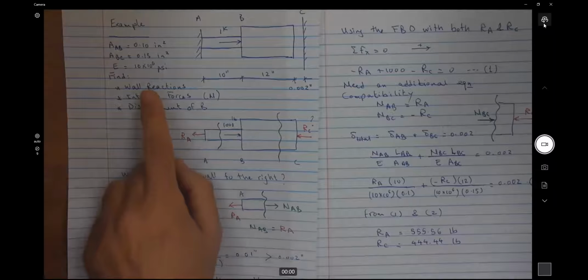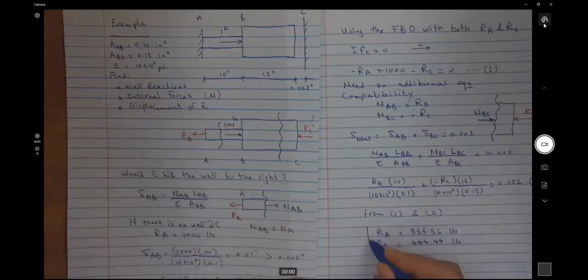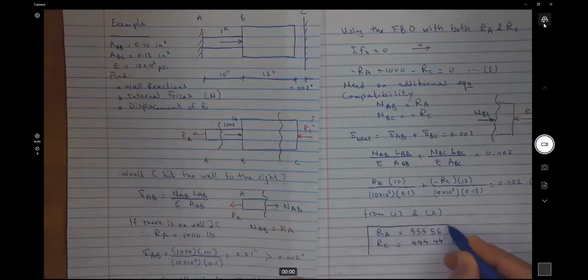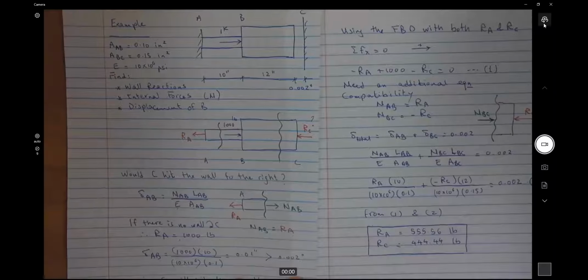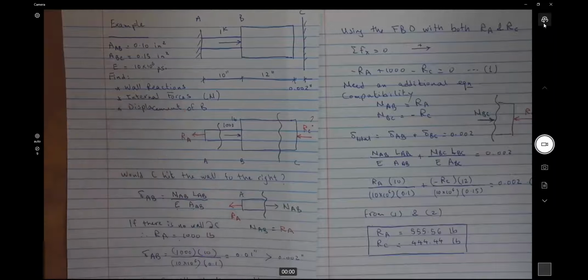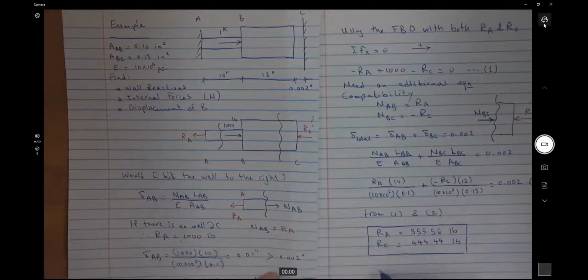So this is the first thing we were asked to find, the wall reactions. Next, the internal forces. If I have RA, I have NAB. So I can come here and report that the normal force in AB is equal to 555.56 in tension.